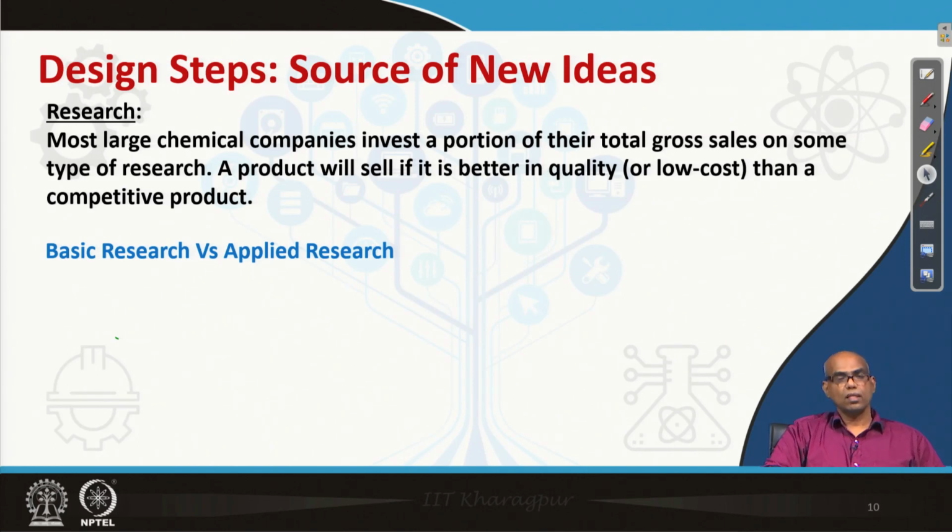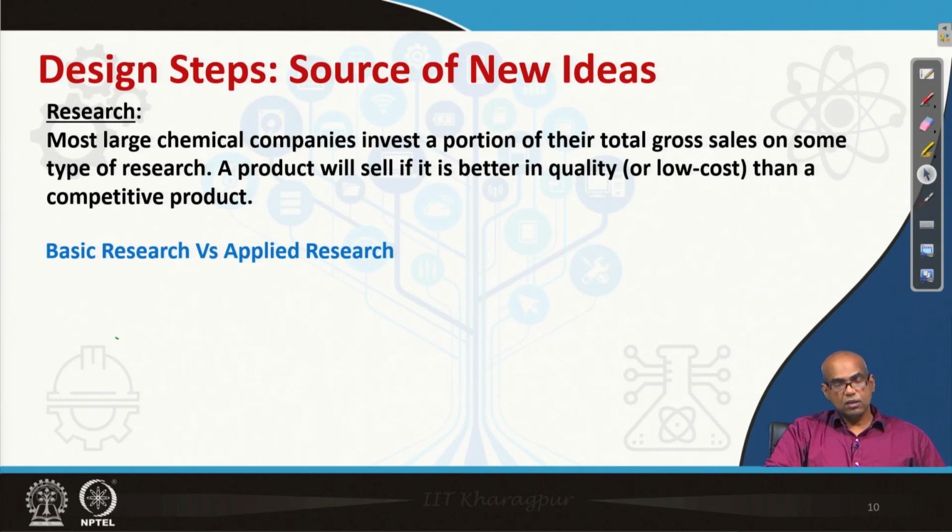First, the source of new ideas. Most large chemical companies invest a portion of their total gross sales on some type of research. A product will sell if it is better in quality or low cost than a competitive product. So, it is necessary that a research is carried out.